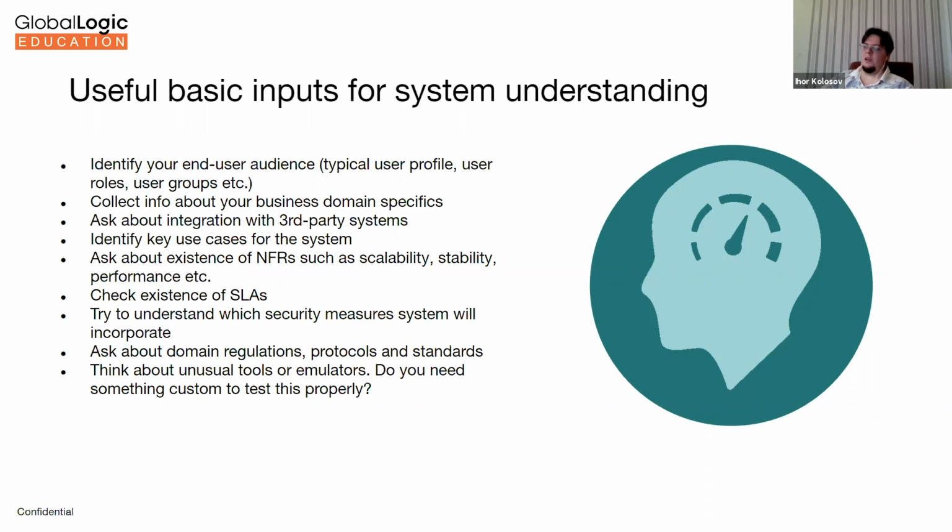Such inputs as typical user behavior, typical user profile, user roles, user groups will affect your test coverage significantly. So it is a good idea to collect such information at the beginning if it is available, right? Just ask the question.